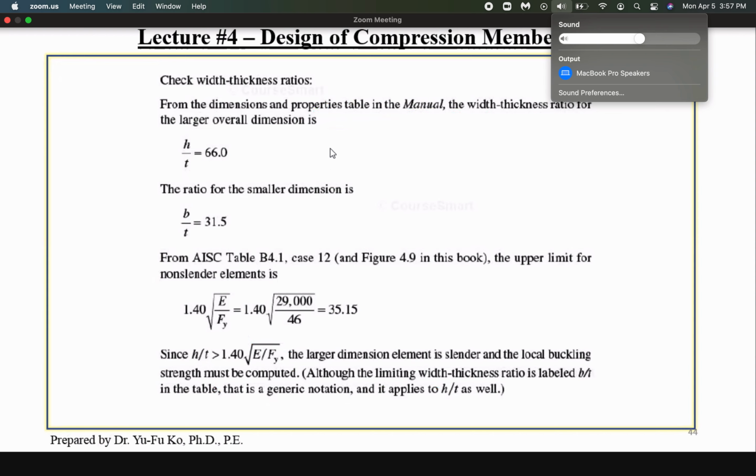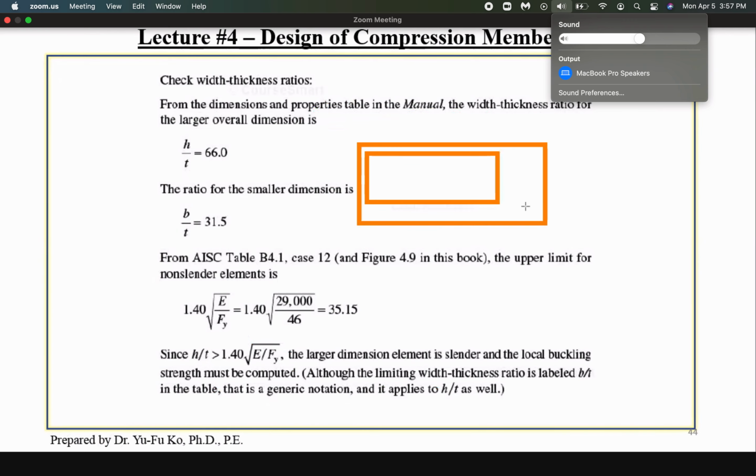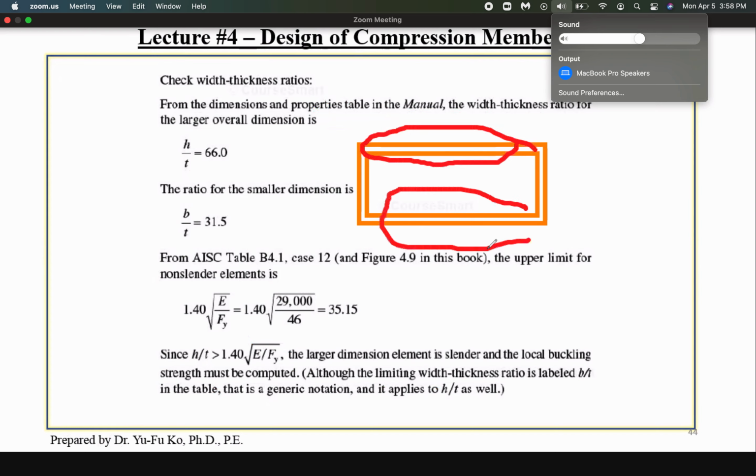So let me draw that picture once again for you. So for this HSS, these elements are slender, stiffened elements because this number is bigger than these limits.